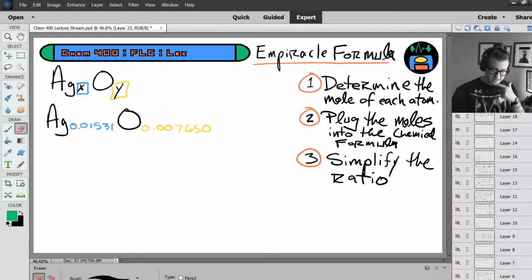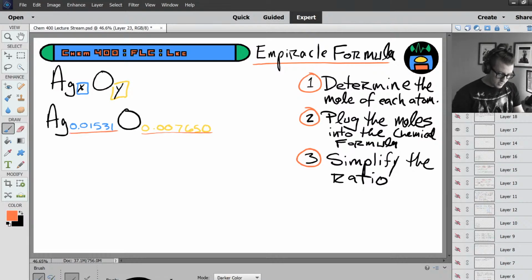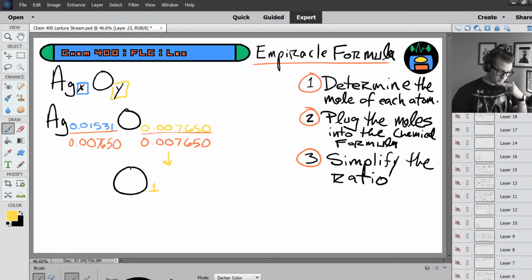And the way you simplify is take each subscript in your empirical formula and divide by the smaller of the two. Here's why. When you divide by the smaller of the two, instantly that element's subscript is just going to become 1. All right? Oxygen will simplify straight down to 1.